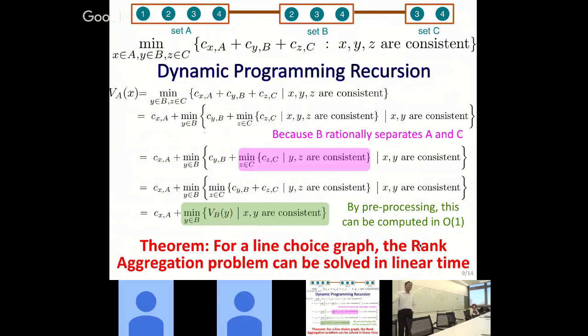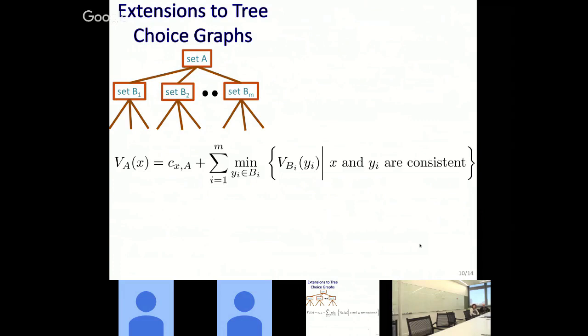Now, of course, if it works for a line choice graph, it must also work for a tree choice graph. So in a tree choice graph, you can have a set A with children B1, B2, up to Bm. You define the value function at each node in the tree. And here's how it relates. The value function at the parent A would just be the cost coefficient at that node, plus now you can treat each of the child nodes separately.